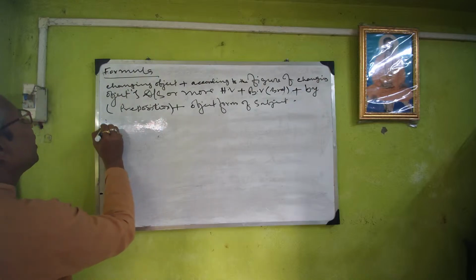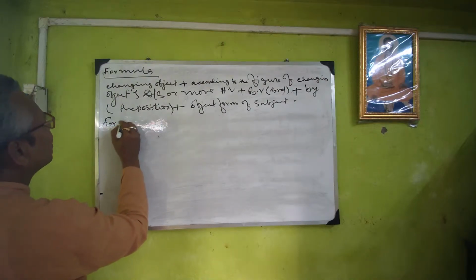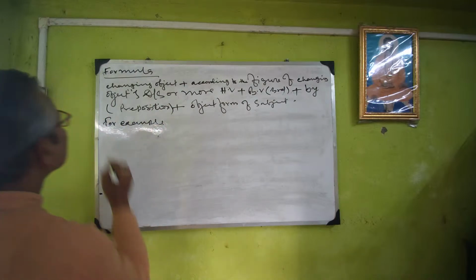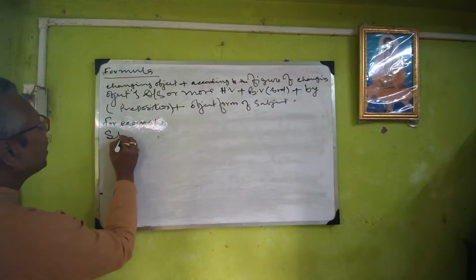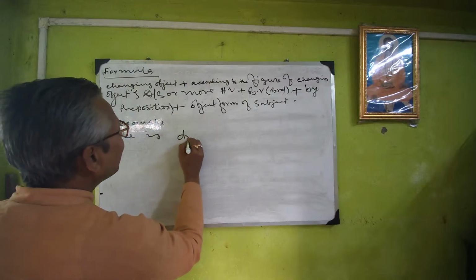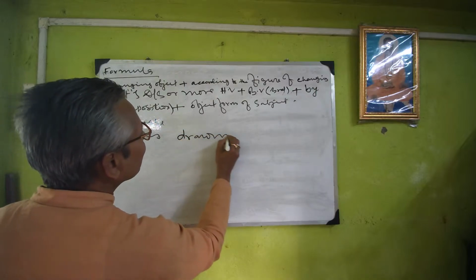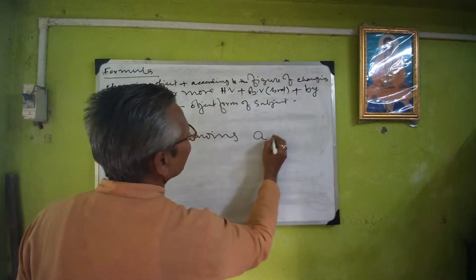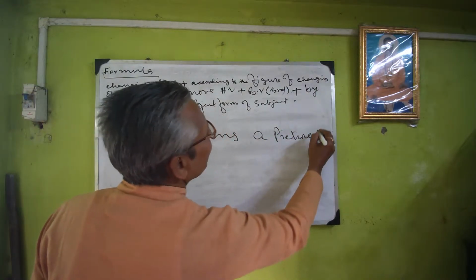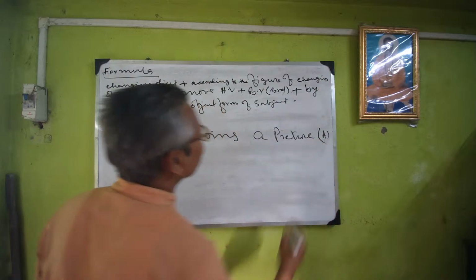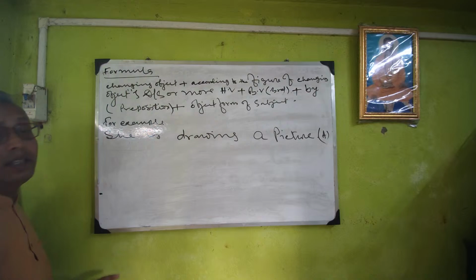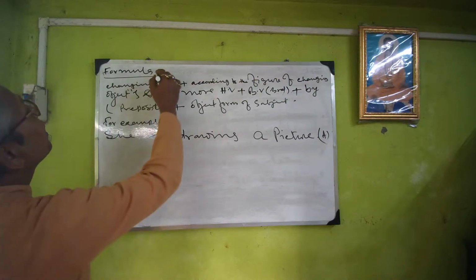For example, she is drawing a picture. Active. In the field of passive, we must follow this formula.